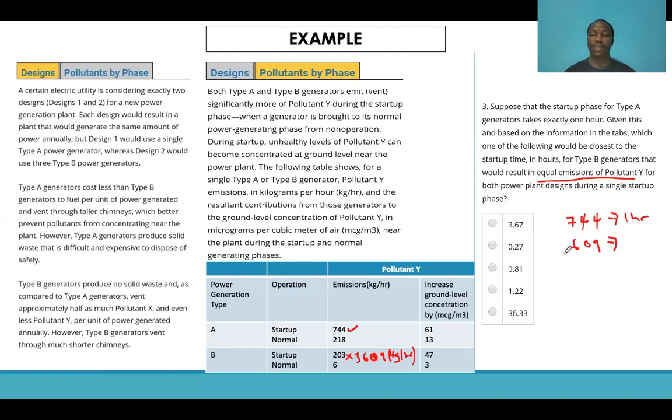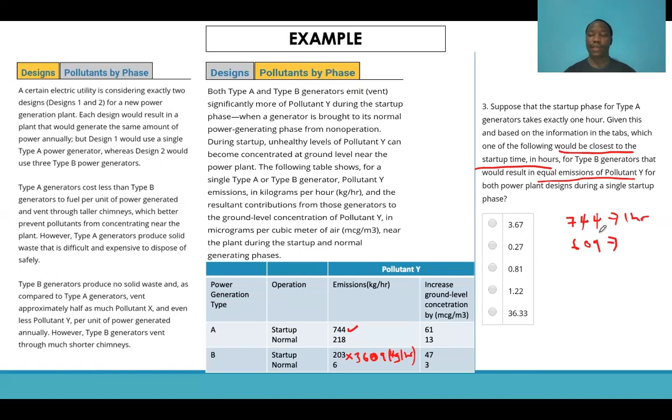So for this case, we'd like to find out how we're looking to compare, or as the question reads, for type B generators, which of the following will be closest to the startup time in hours that result in equal emissions of pollutant Y for both power plant designs during a single startup phase.